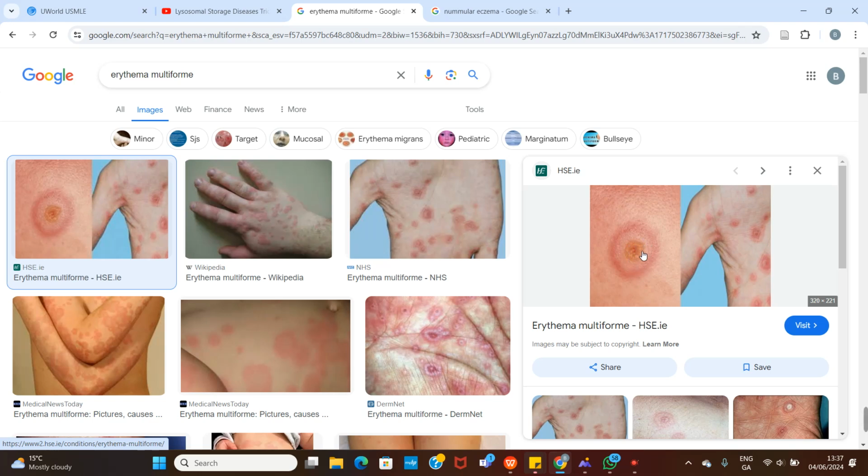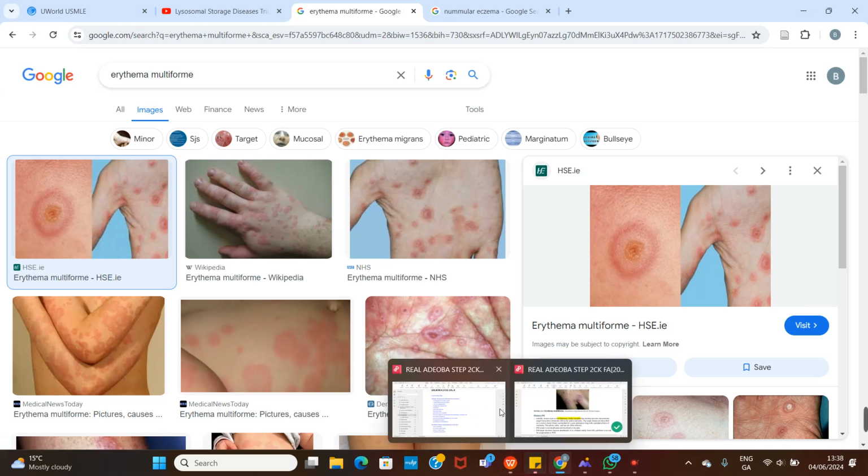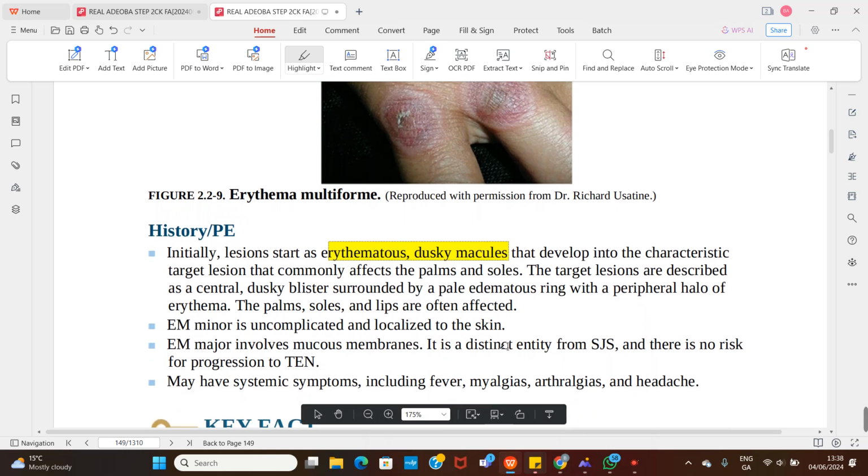So this eroded area will now appear dusky, right? So just remember those three descriptions: the outermost erythematous layer, the middle edematous pale layer, and the innermost dusky area. So this is your target lesion for erythema multiforme. And that's exactly what is being described here: a central dusky blister surrounded by a pale edematous ring, with a very distinct halo of erythema.